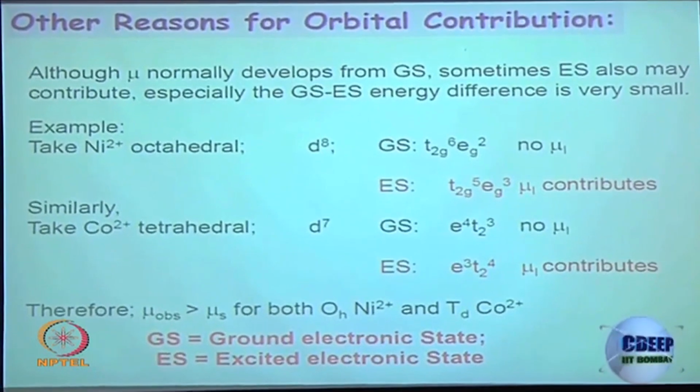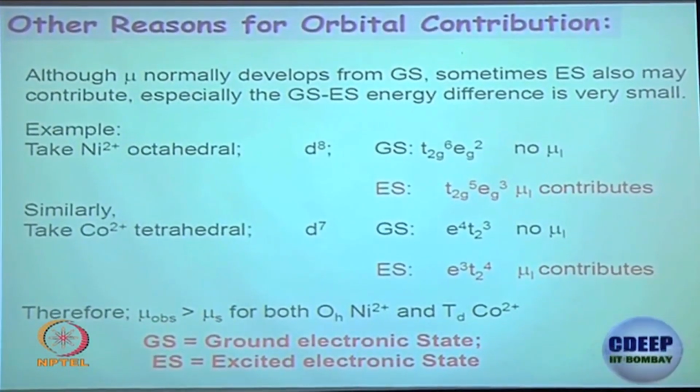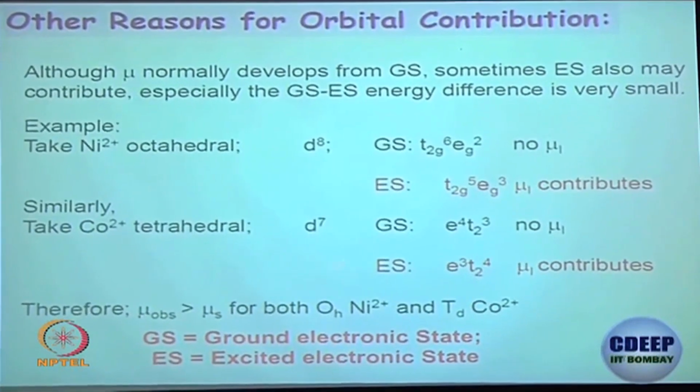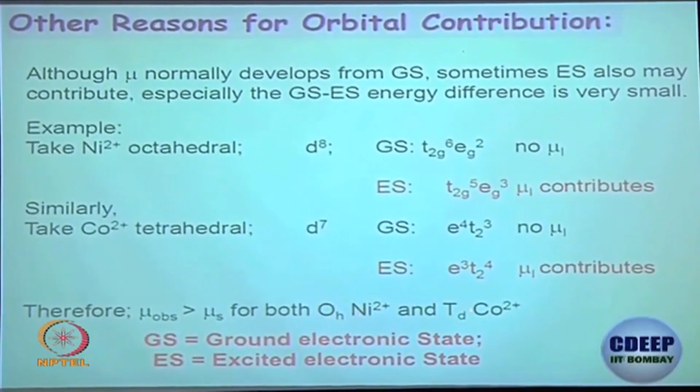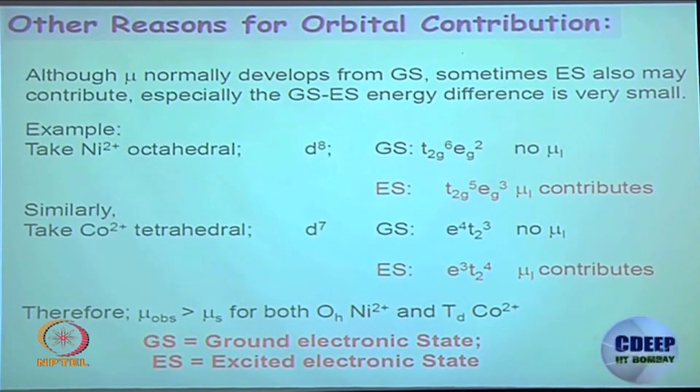In all these cases you see that mu observed is greater than mu spin only. This is for both octahedral nickel 2 plus and tetrahedral cobalt 2 plus, because these are their electronic configurations. So at least these two terms should be very familiar: octahedral nickel 2 plus, tetrahedral cobalt 2 plus. These can give you an excited state contribution.